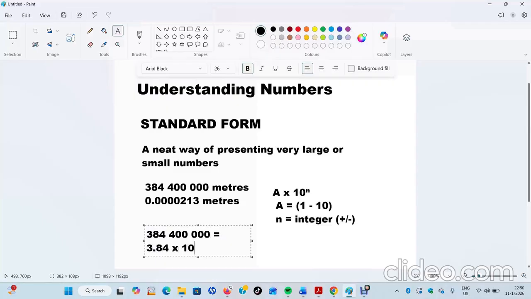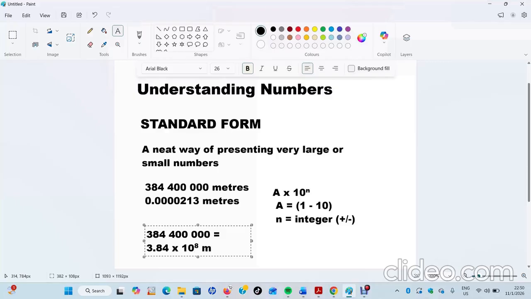So we have 1, 2, 3, 4, 5, 6, 7, 8 digits. Then our number in standard form will be 3.84, keeping it to 3 significant figures, times 10 to the power 8.